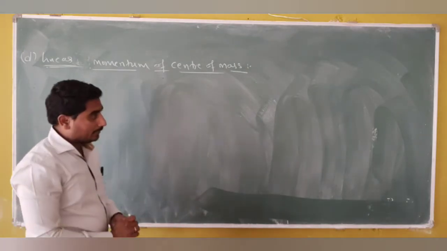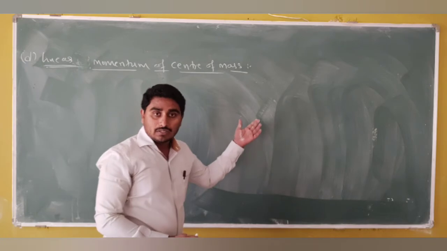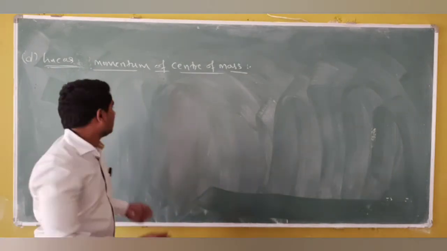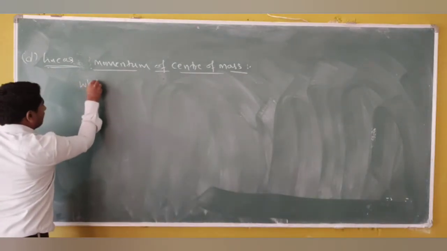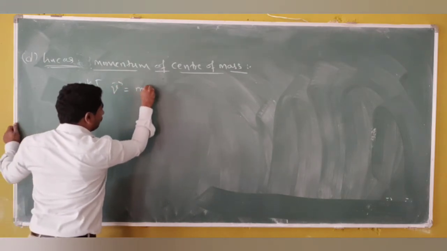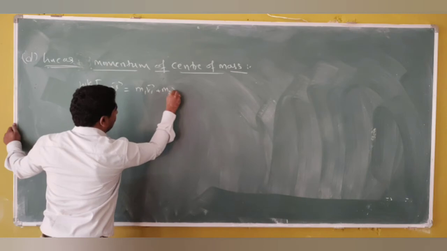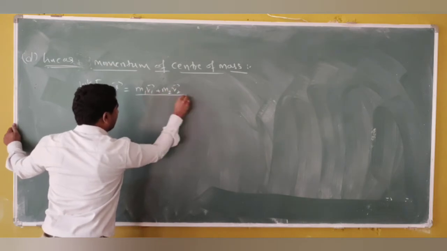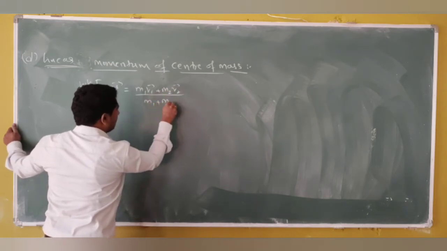In the last derivation I derived the velocity of the center of mass, that is capital V equals m1 v1 plus m2 v2 divided by m1 plus m2.